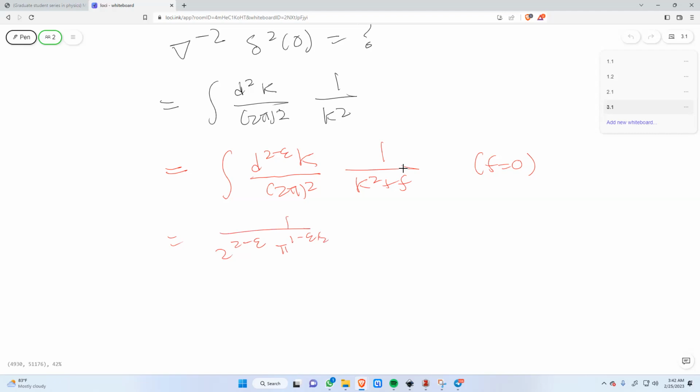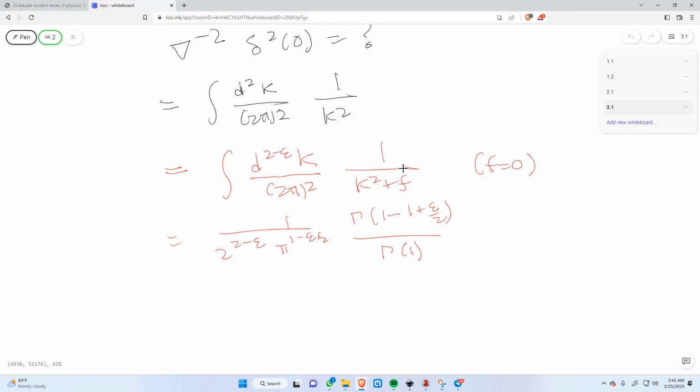And now, gamma of 1 minus 1 plus epsilon over 2, and we get gamma of 1. Yeah, that's what we get.